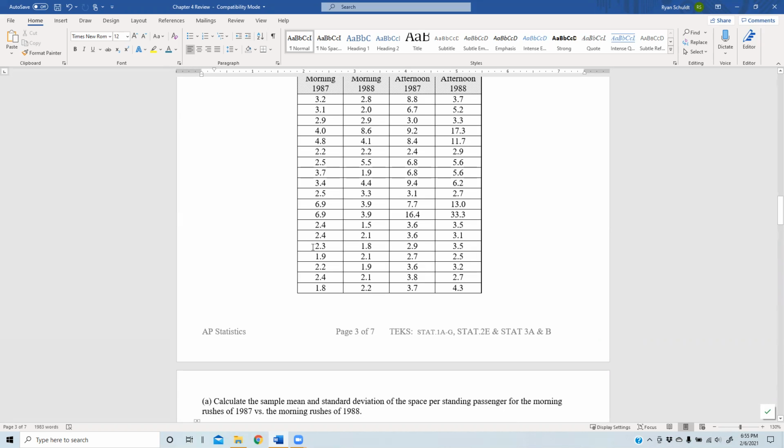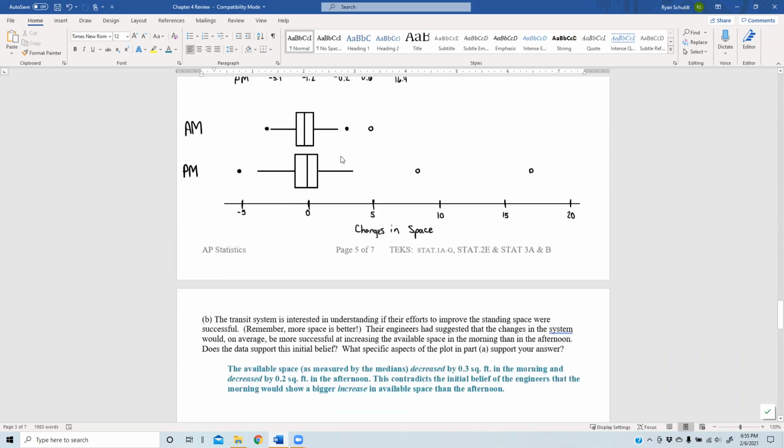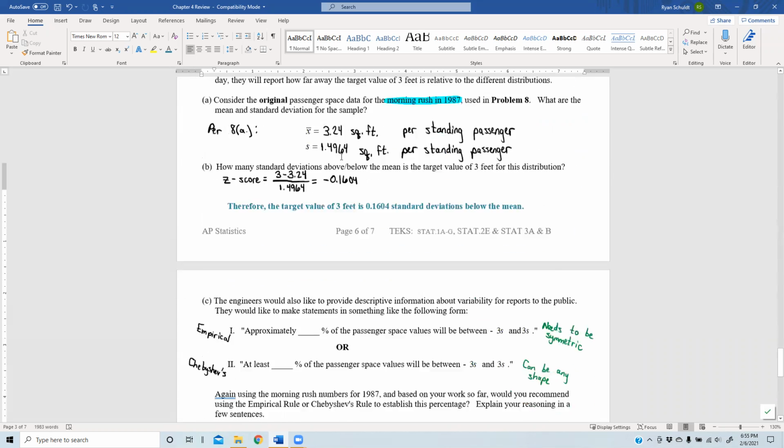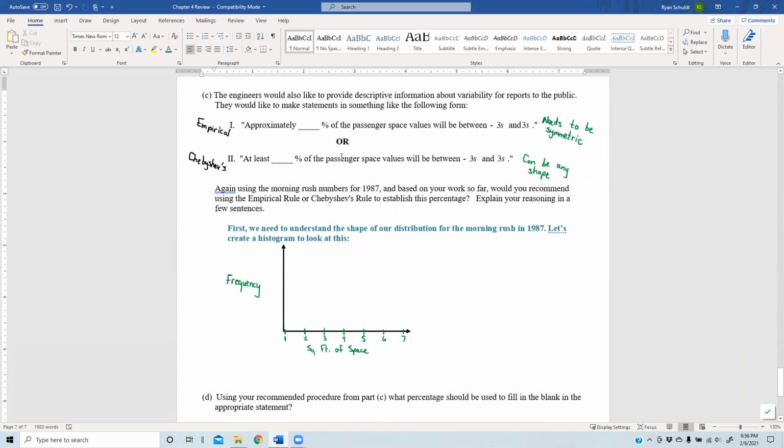The number I'm saying most common is 2. So how many 2s do we see? 1, 2, 3, 4, 5, 6, 7, 8, 9 2s. So I probably need to at least go up to 9.